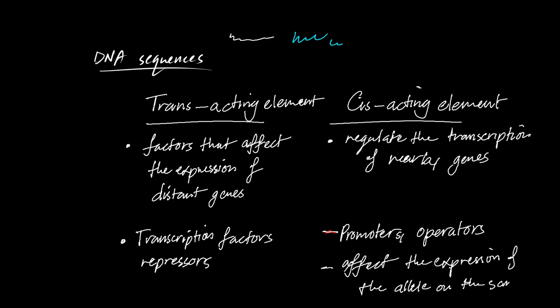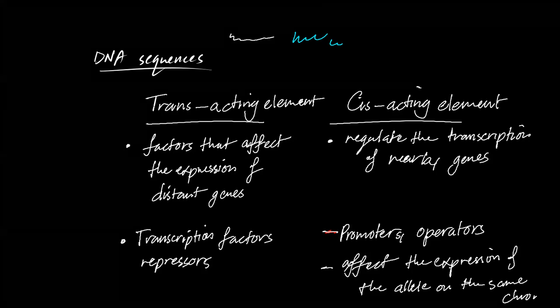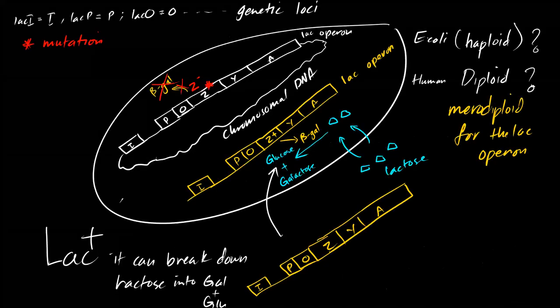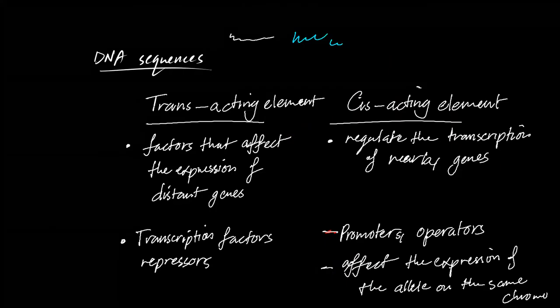So if we're talking about here, these two cis-acting elements can affect the transcription only of these alleles on the same chromosome. And these two can affect the transcription of these alleles only. These two cannot affect the transcription of these genes. And these two cannot affect the transcription of these two. This is what is meant by on the same gene.